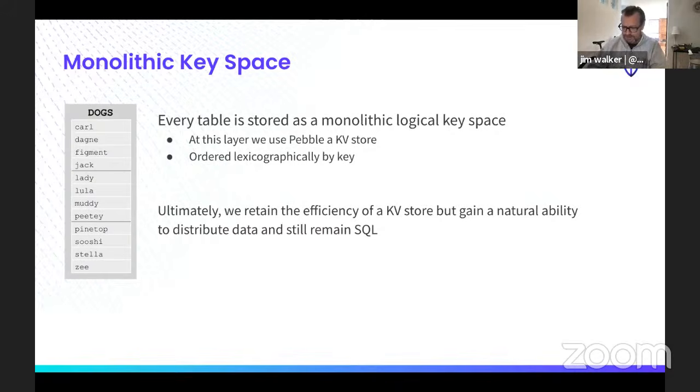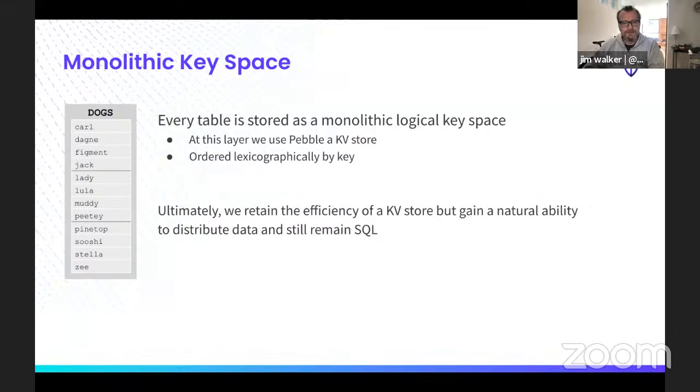Now, under the covers, in our development teams, and when we interact with block storage, ultimately every table that gets exposed as relational is written using a KV store. And this KV store is called Pebble. We used to use something called Rocks, but we rewrote it in Go and named that Pebble.